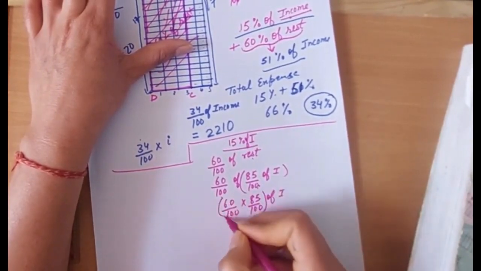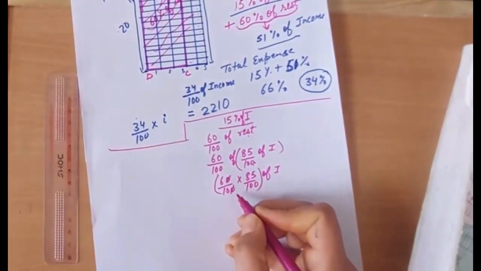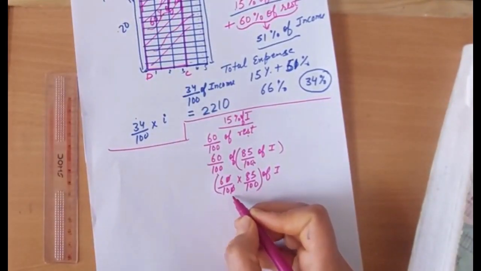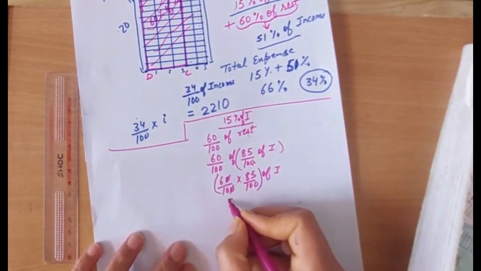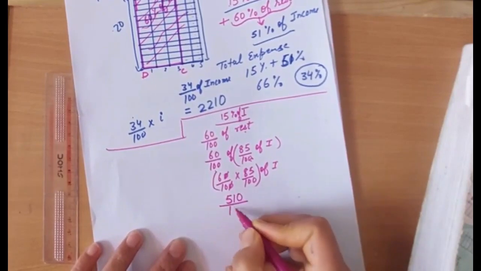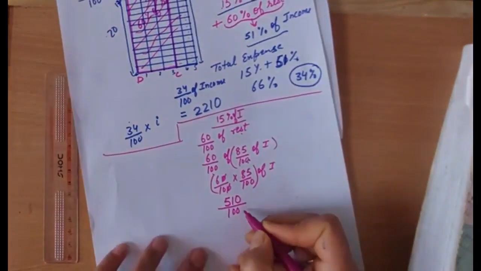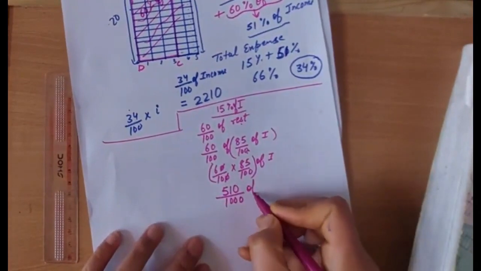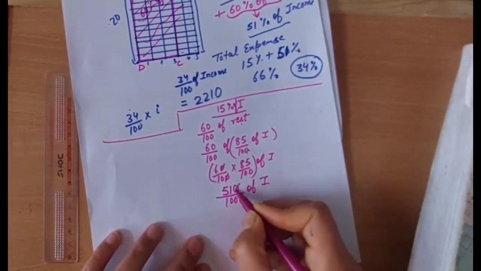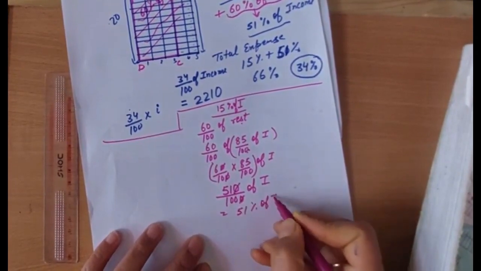Now we can simplify it. 85 into 6 is 510, and the denominator is 1000. So of income, and if you cancel 10, this is 51% of income.